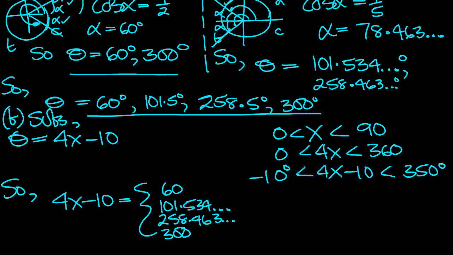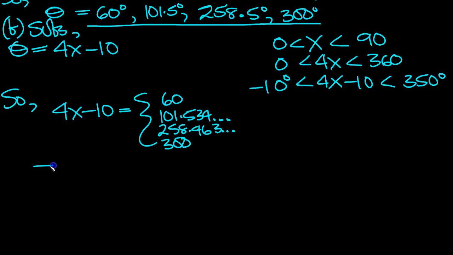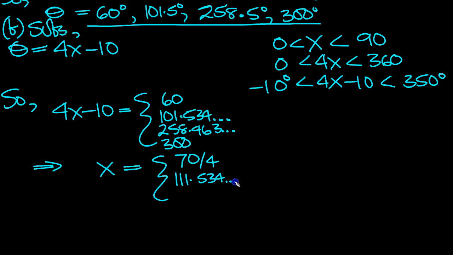So that tells us what 4x is, so x will equal, if we add 10 to all of these and then divide by 4, so it will be 70 over 4, won't it? And then 111.534, divided by 4, add 10 to 268.463, divide by 4, and then 310, divide by 4.